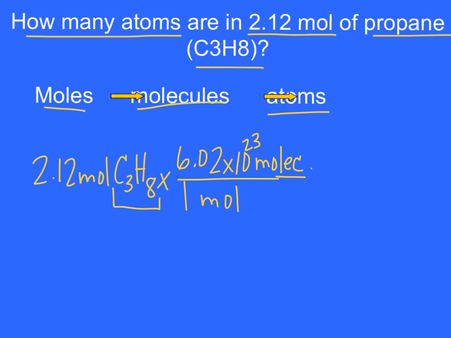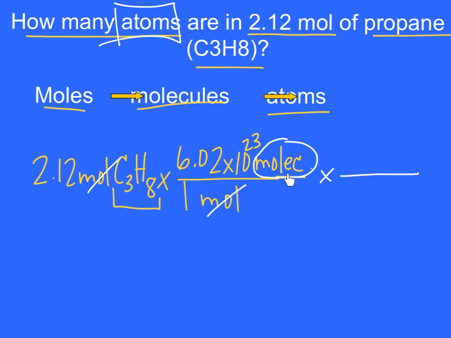So you can see that the moles will cancel, and then so far that's going to leave our answer in molecules. But if you actually go back and read the question, it wants us to put our answer into atoms, not molecules. So in this particular problem, we have one extra step. We have to break down the propane molecule into its parts. So we're going to do one more step here.